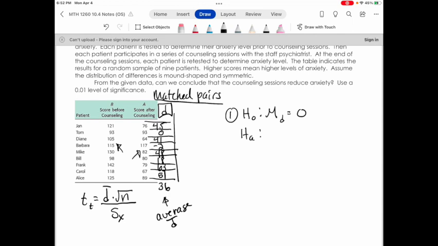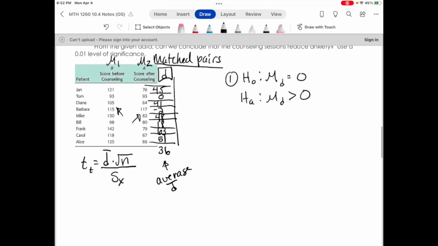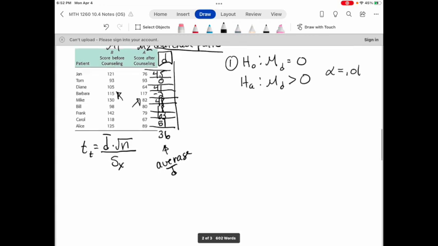So if that second column is lower, and we're calling this mu1 and this mu2, when I subtract them, if mu2 is smaller, and I take mu1 minus mu2, then mu sub d, the difference between the two, has got to be greater than 0. And then, of course, based on the question, it asks us to use a 0.01 level of significance.